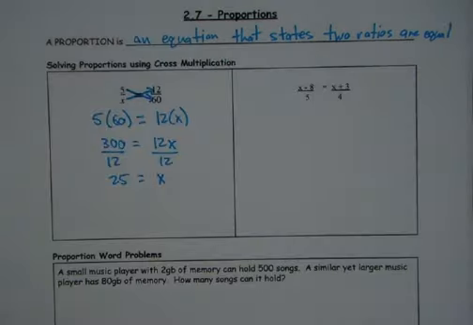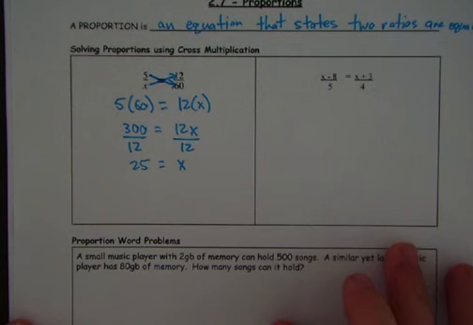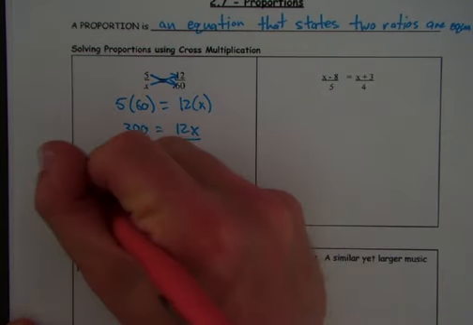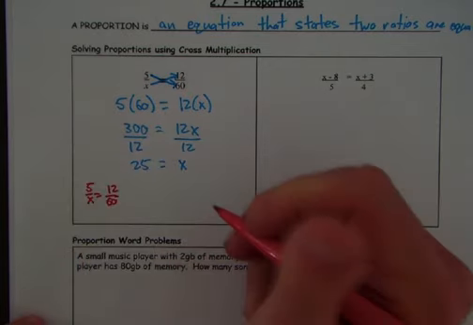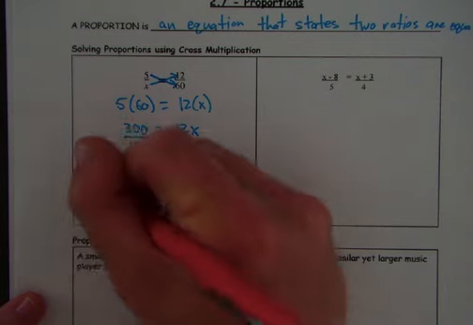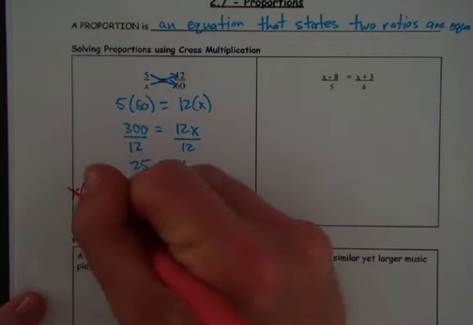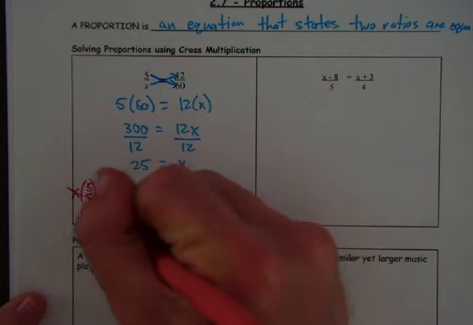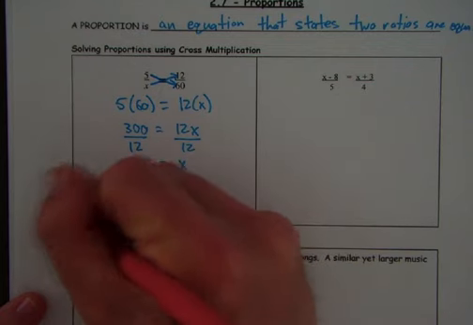Now, what did I mean by I could show you how this would work? If I had the equation 5 over x equals 12 over 60, and I wanted to solve for x, okay, I could start by clearing one side. So I can multiply by x on this side. If I'm going to do that, I got to multiply by x on this side. So these x's cancel. I get 5 equals 12 times x over 60. Then multiply by 60 on this side, multiply by 60 on this side.